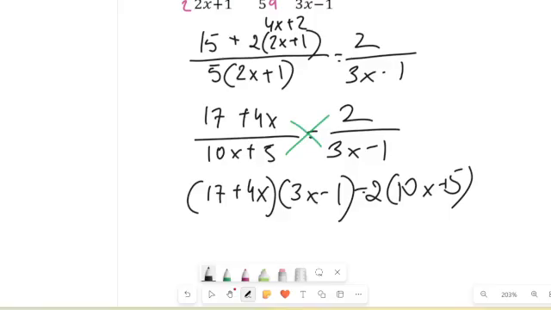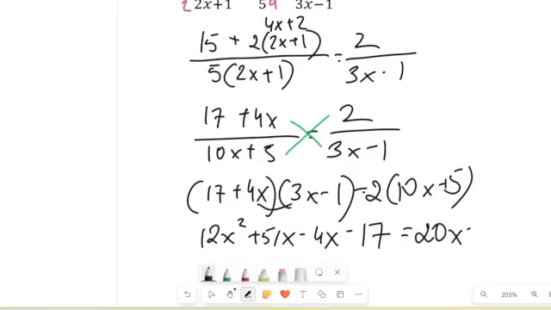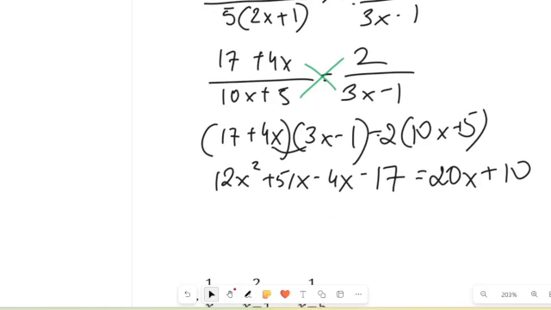Let's remove the brackets. So I start with this. So it's 12x squared. And then I get what next? So it's 51x and then minus 4x, and then finally the last term should be just minus 17 is equal to 20x plus 10. Let's move everything to one side, so I will get here 12x squared.